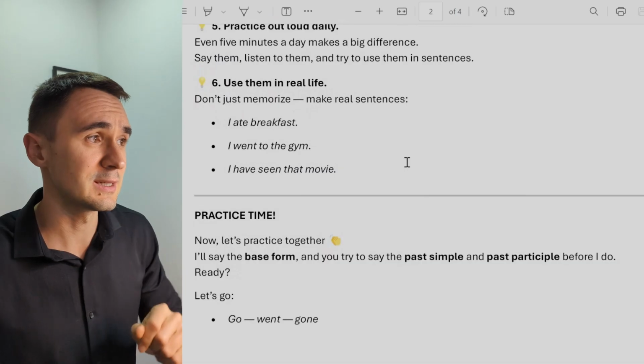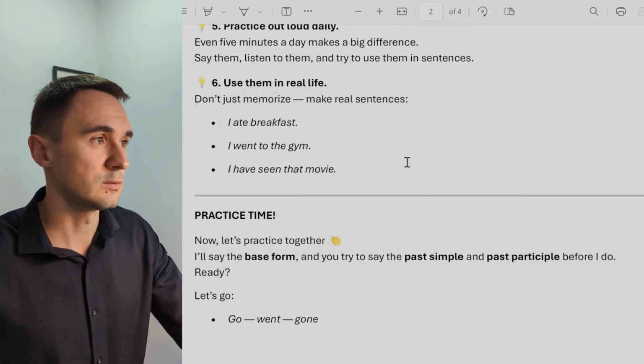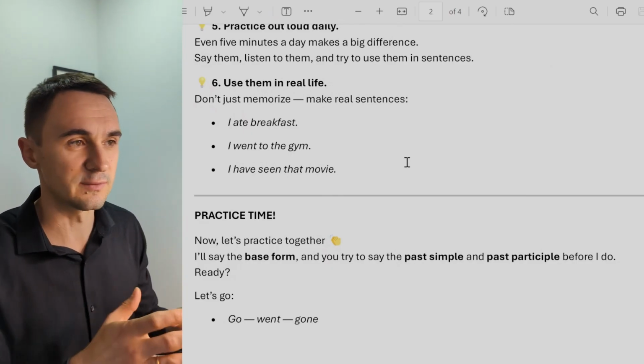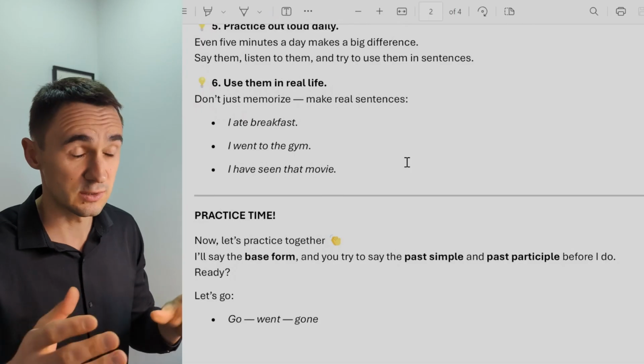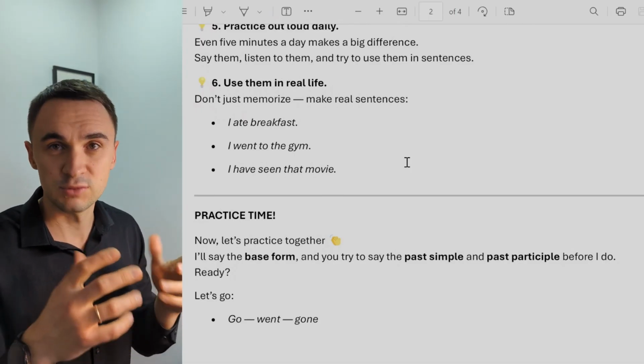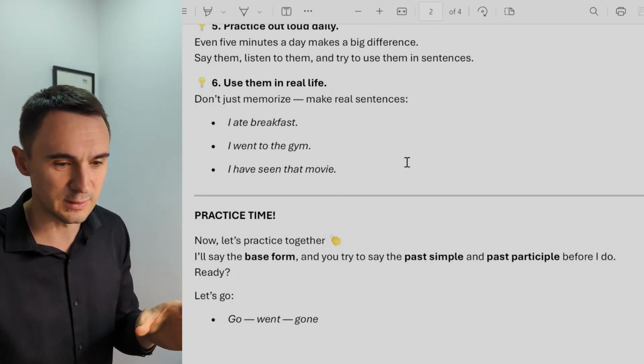And the last point is use them in real life, okay? So don't just memorize, make real sentences. Every time you look at a verb and its three forms, we have to use those verbs in a sentence, right? So if it's, let's say, write, wrote, written, yeah?